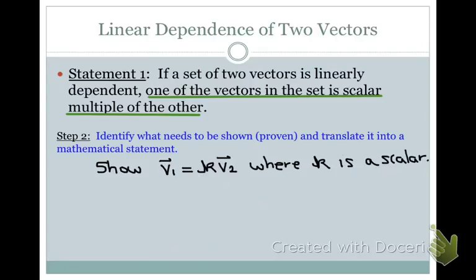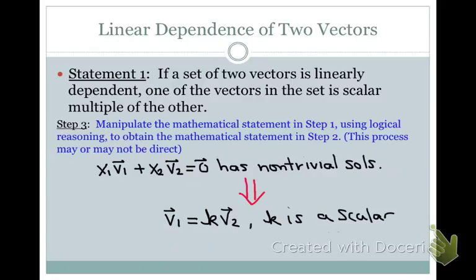If we translate this into a mathematical statement, then what we really need to show is that one of the vectors, let's say v1, is some scalar multiple of the other vector v2. We could have chosen v2, but it doesn't matter which one, so we'll choose v1.